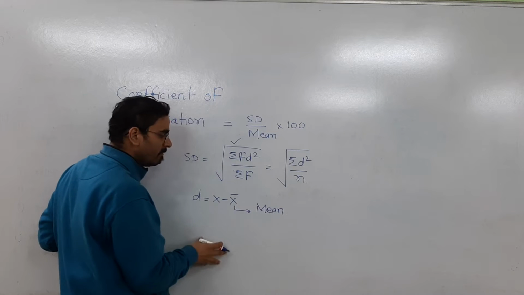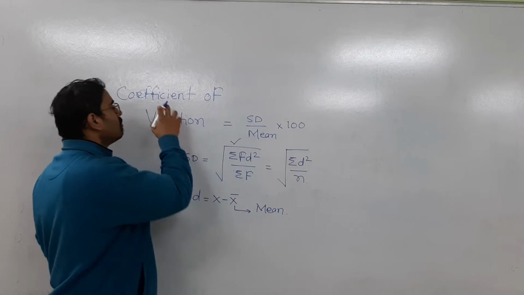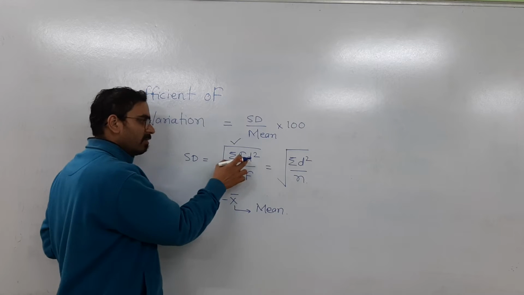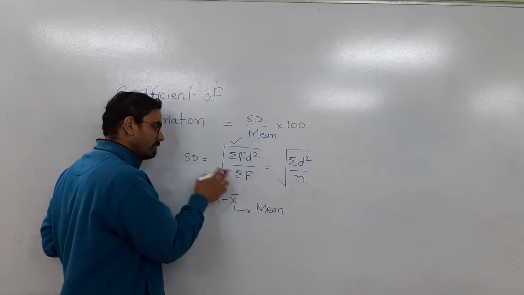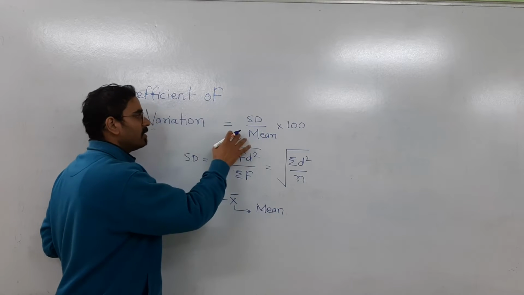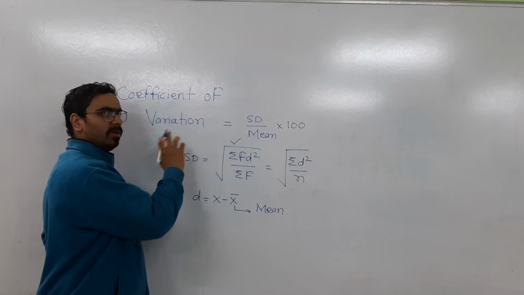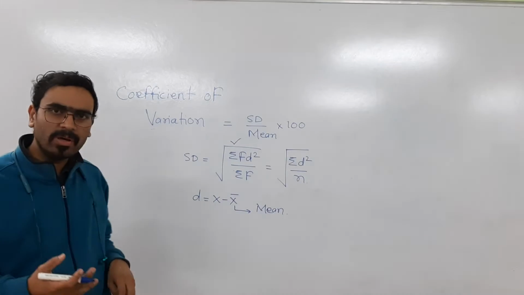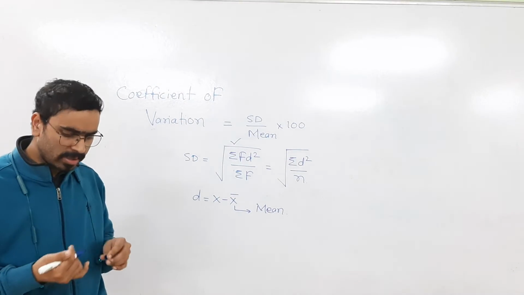Then we get the standard deviation, and by using standard deviation and mean, we calculate the coefficient of variation. So with that approach, we are going to solve the example.